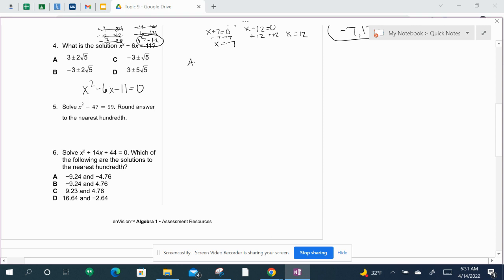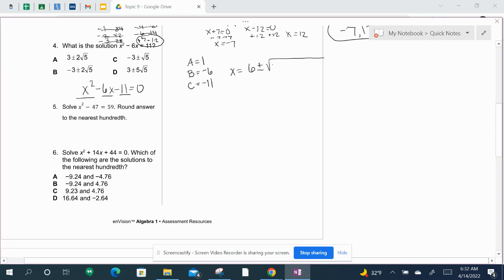So in this case, A would be 1, B would be negative 6, and C would be negative 11. Remember, A, B, C. So the quadratic formula says x equals the opposite of b. So since b is already a negative 6, I'll make it a positive 6, plus or minus the square root of b squared.